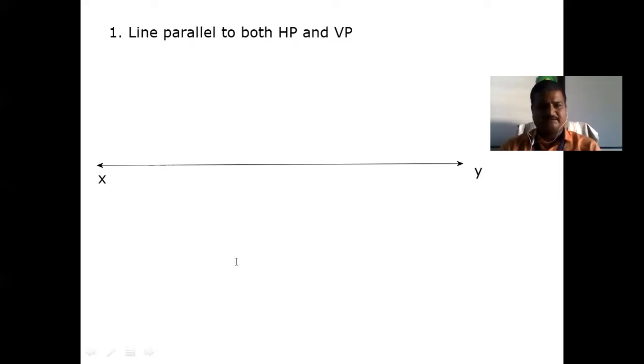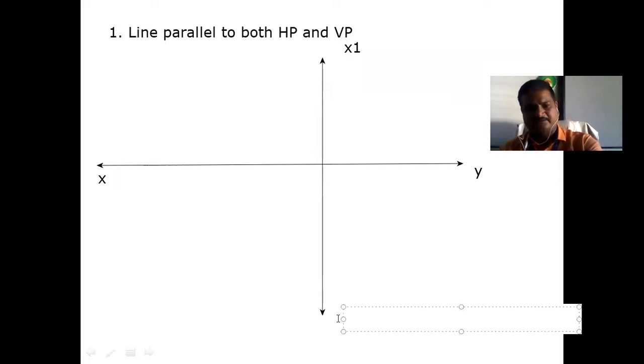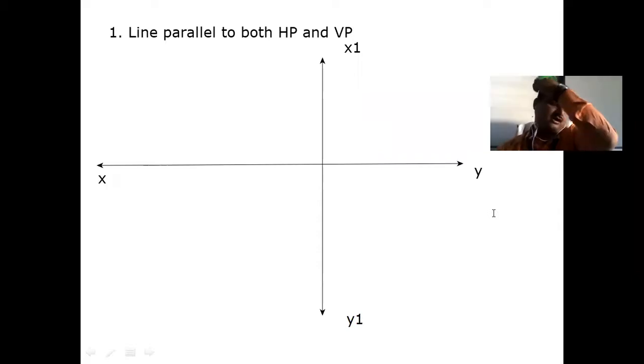Here once again you will have to draw a perfect perpendicular axis at one of its sides, and you can name this axis X1 Y1. Why? Because we want to draw the side view also. When there is a front view, we can draw a line over here.